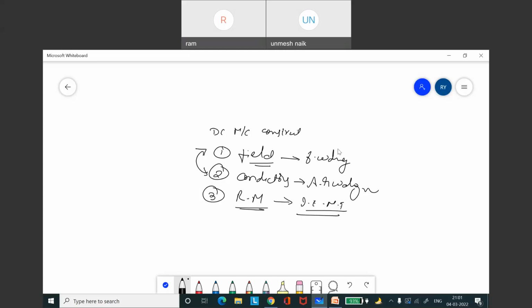So the purpose of the field winding is to produce flux in the air gap. Let me draw a figure. These are called pole shoes. This is the north pole, south pole.